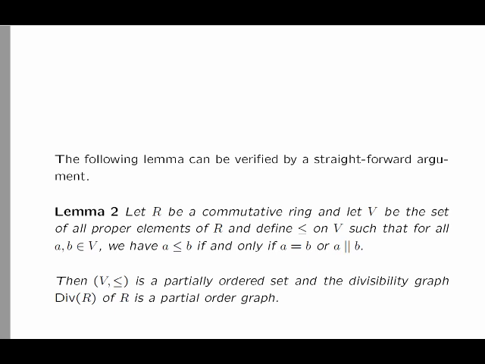And you define this relation on V. How? For A and B in V, we have A less or equal to B if either A equals B or A strictly divides B. In another way, if A divides B, then B does not divide A. That's what the double vertical line means.